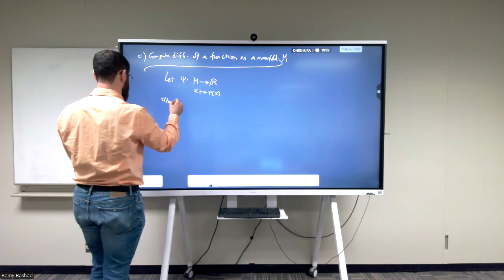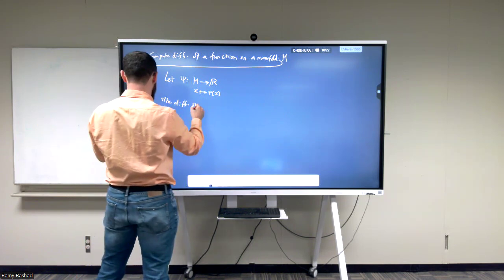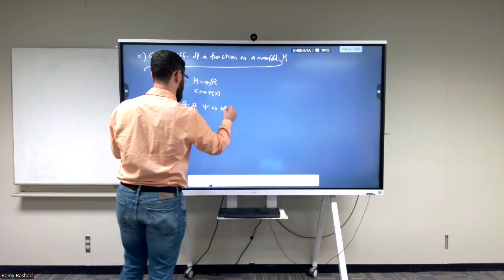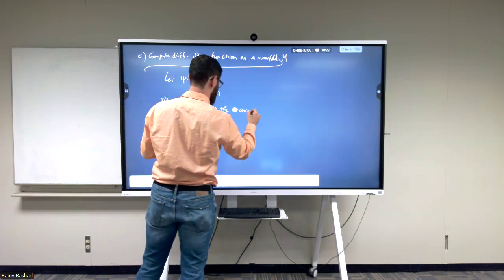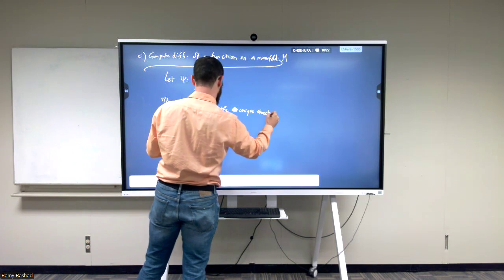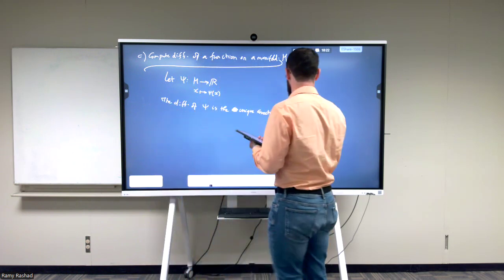So the differential of psi is the covector. Again, it is the unique covector d psi of x.